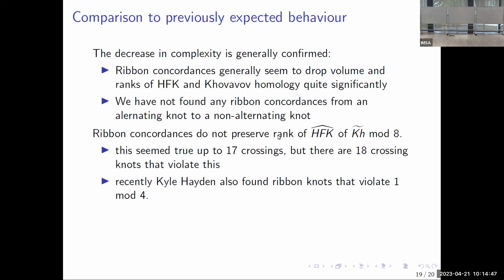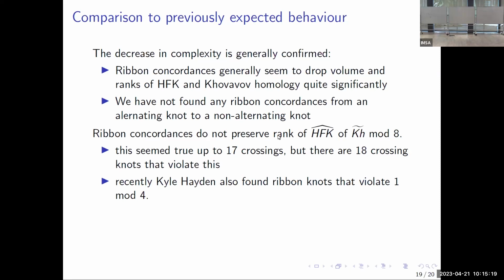Recently, Kyle Hayden also found ribbon knots that violate mod 4 also. I think he found it for HFK mod 4, but we were talking to him and we also found some that were Khovanov mod 4 with his method.